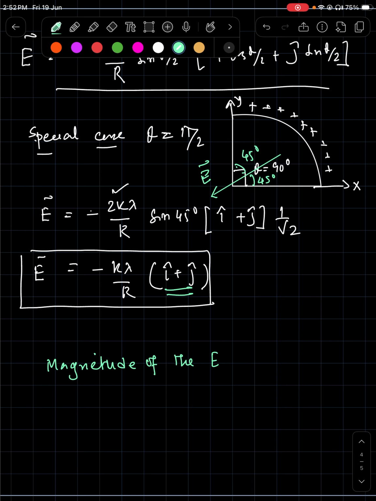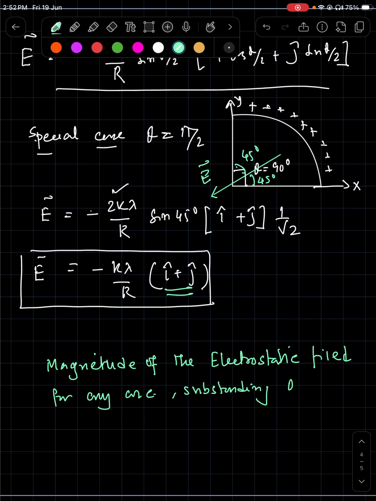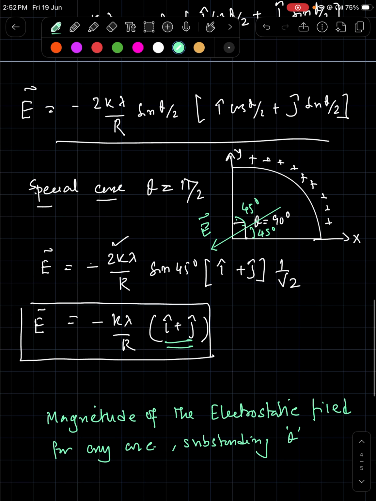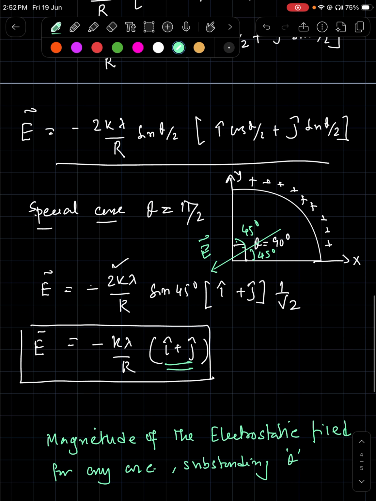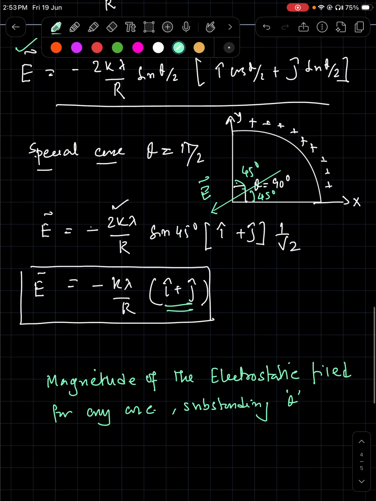So for any arc subtending angle theta, it is given by the magnitude of this one.